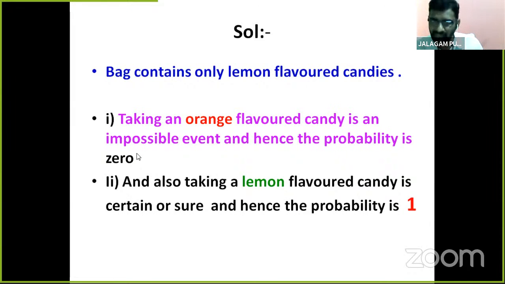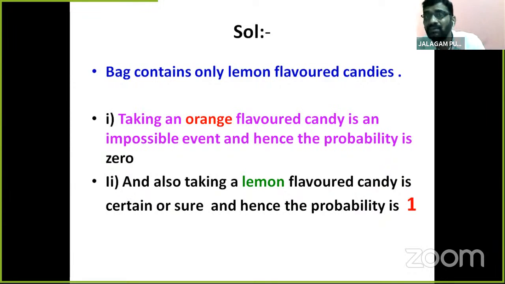So it is impossible. That's why the probability is what here? 0. And second one, children. Taking a lemon flavored candy, when totally lemon candies are there in the bag.